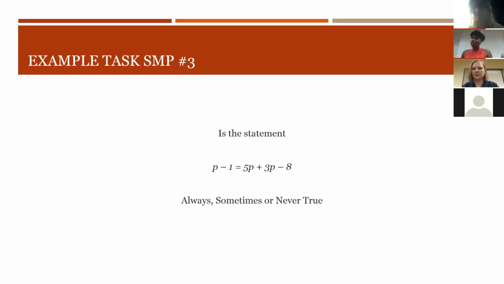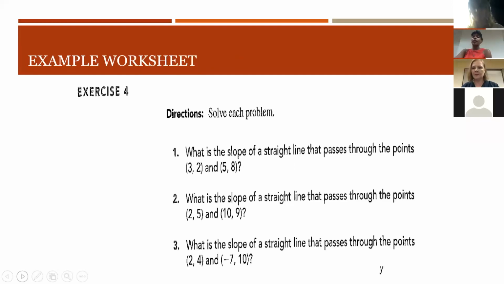Why you isolate the variable? What are you doing when you isolate the variable? When you isolate the variable, what you're doing is finding the one instance in which that statement is true. If it was a quadratic and you got 2, you found the 2 instances in which that statement is true. So it takes them beyond a procedural understanding to a conceptual understanding.